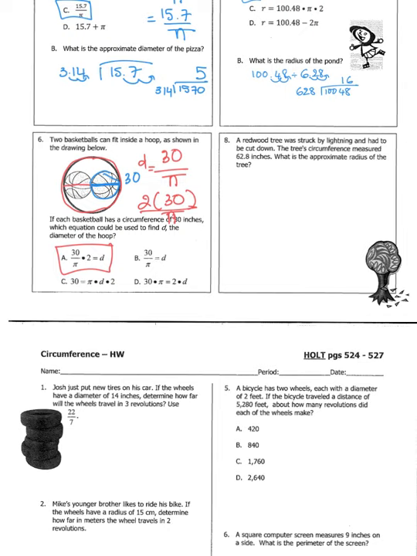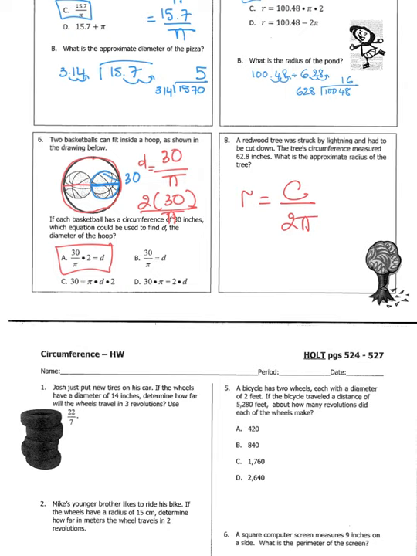A redwood tree was struck by lightning and had to be cut down. The tree's circumference measured 62.8 inches. What is the radius of the tree? So we're looking for the radius. We know that circumference will be divided by 2 pi. If we're working backward, we're going to divide. If we're working forward to find circumference, we multiply.